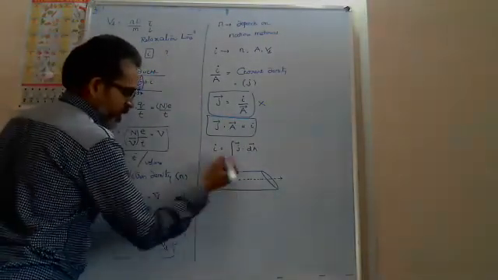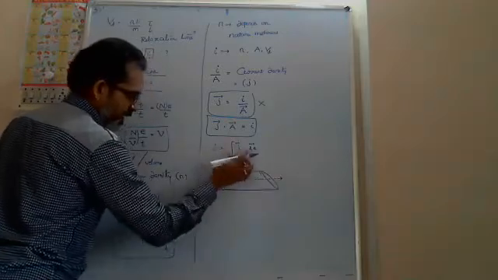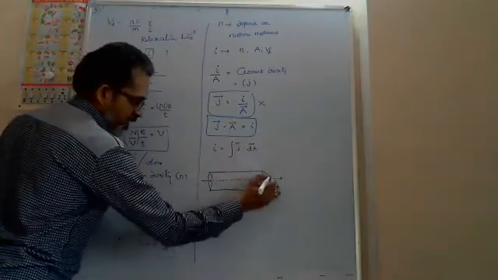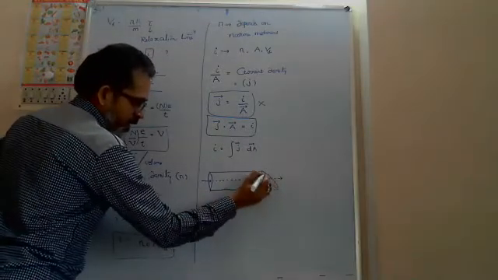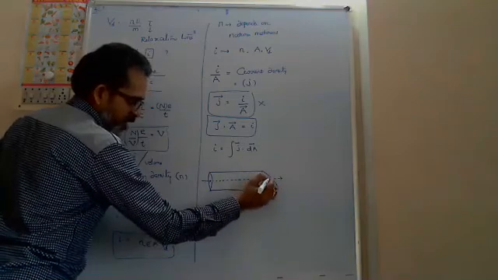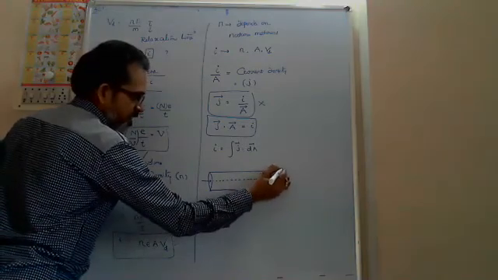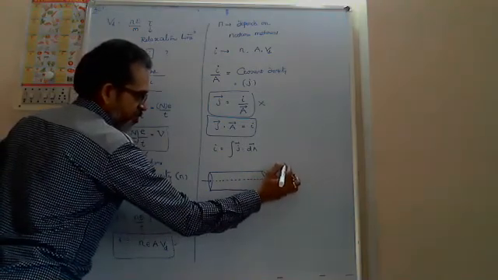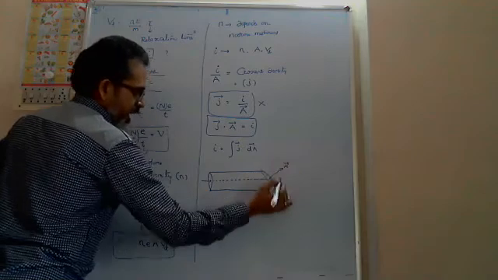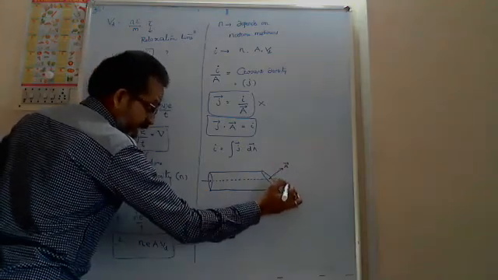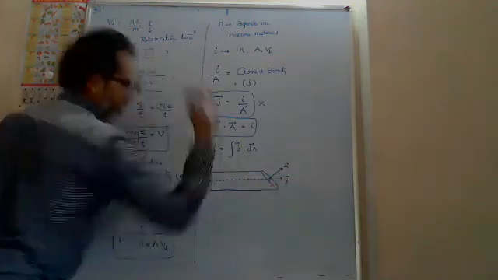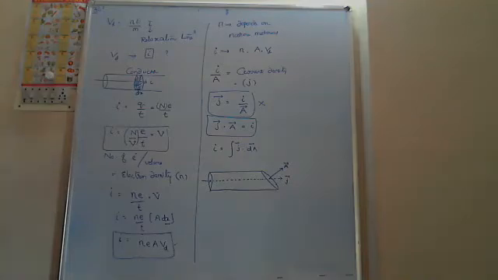But the problem is here: while calculating in terms of current density, drop the normal to the area. This is the area, so drop the normal. This is the area direction, and this is the direction of J, which we get from the direction of current.